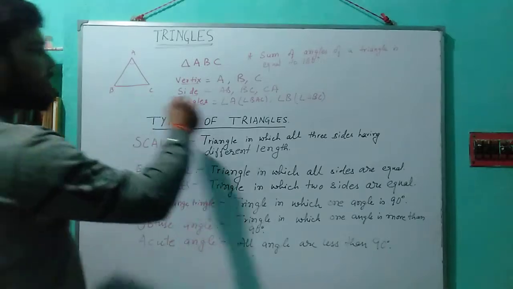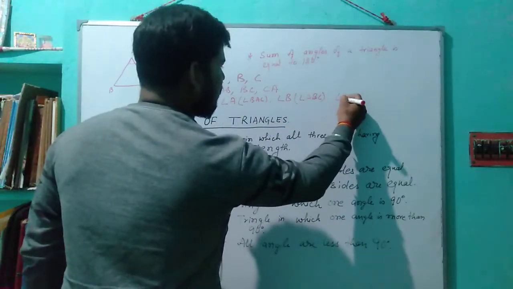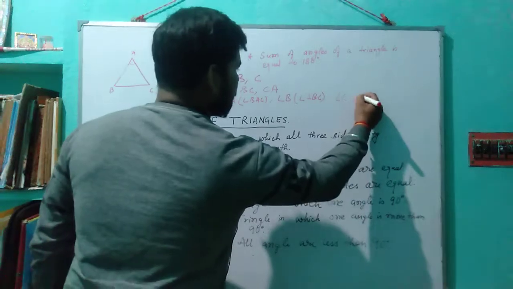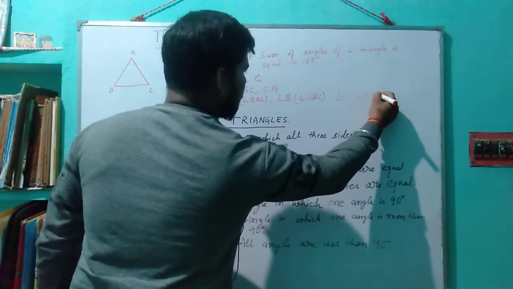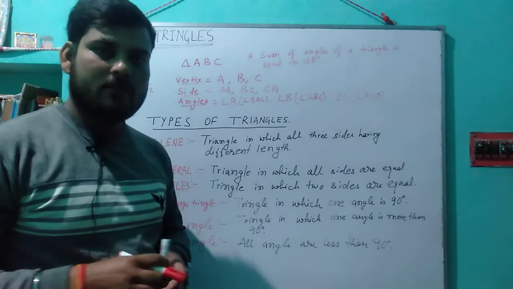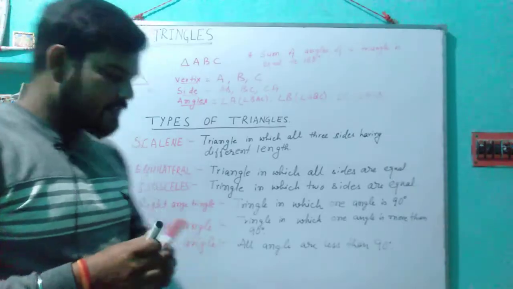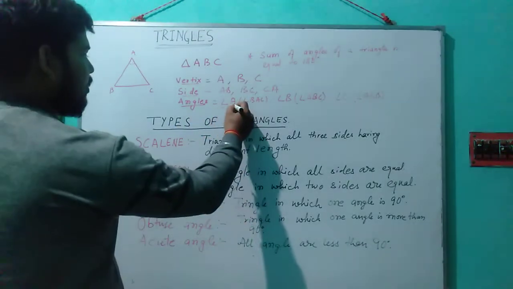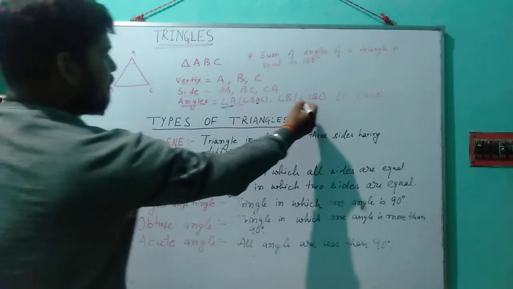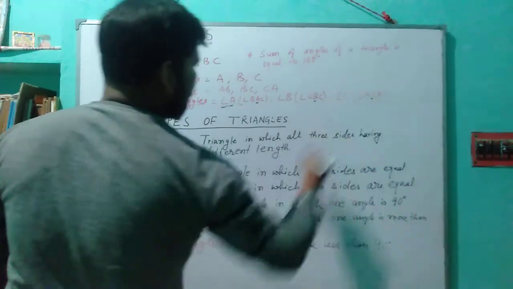When we are naming angle C, we can write angle C or angle ACB. Alright? So these are the angles. Okay? So the important thing is the angle which you are mentioning over here has to be at the middle. At the middle. This way.